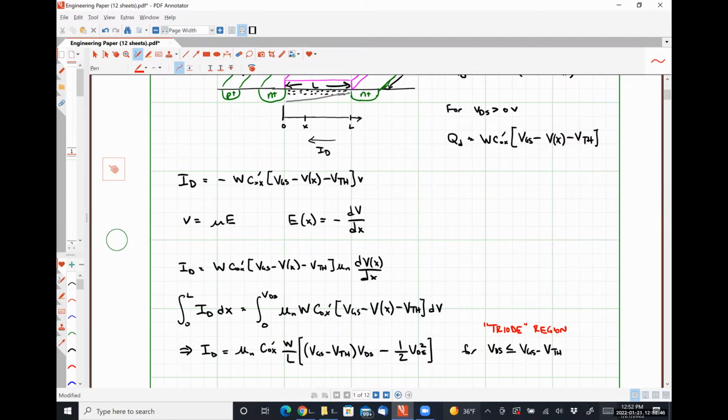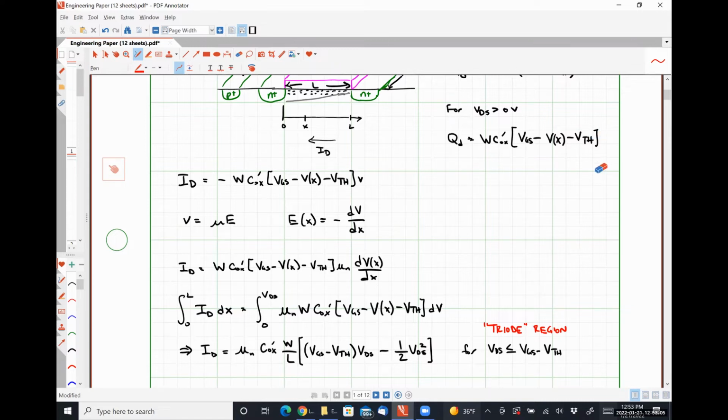This VTH is supposed to be the threshold voltage, so that's supposed to be a lowercase h. Because I have so many different VTHs, I need to fix that. It's definitely not the Thevenin voltage because we don't have anything Thevenin here.